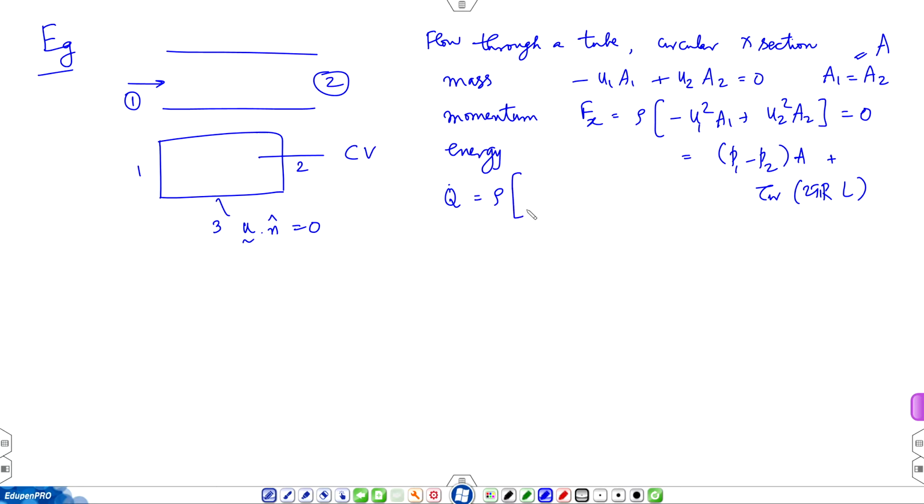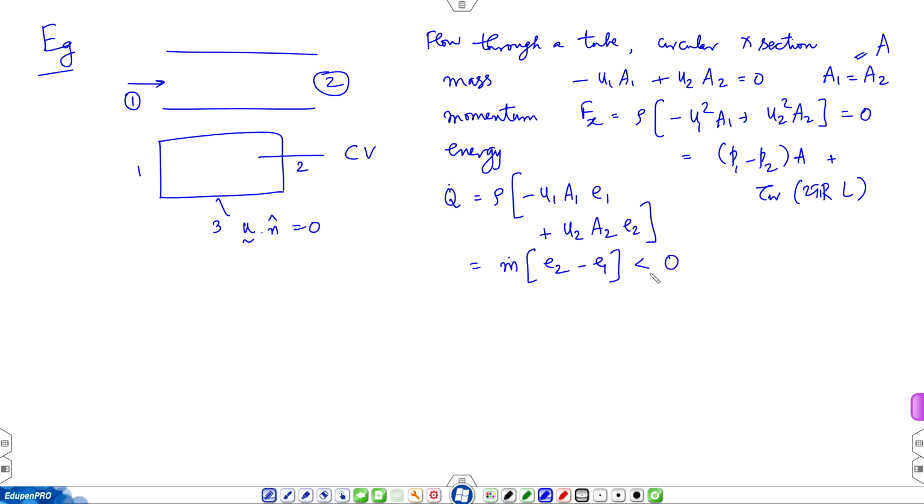And for the energy equation we have Q dot equal to rho, if you remember, it was E times u dot n. So, minus u 1 A 1 E 1 plus u 2 A 2 E 2, which is, you can take u 1 A 1 out, rho u 1 A 1 is m dot, times E 2 minus E 1, less than 0.